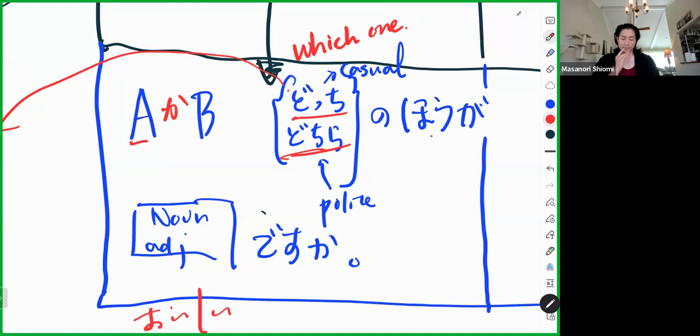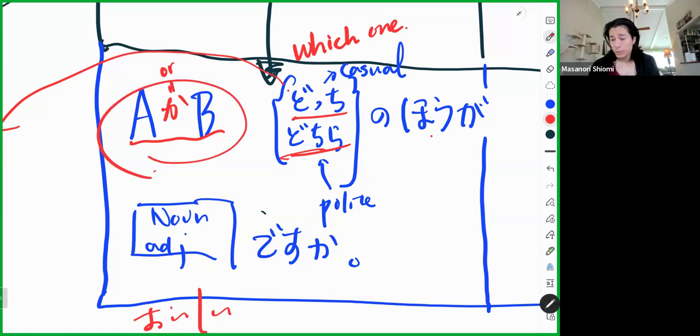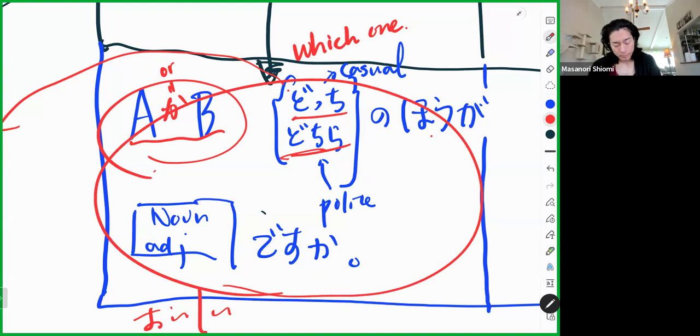A ka B, this ka is the question ka, but in this context, it would mean or. A or B. A か B どっちの方が美味しい, マクドナルドかバーガーキングどっちの方が美味しい, which is more delicious. So this is used more often in casual setting.